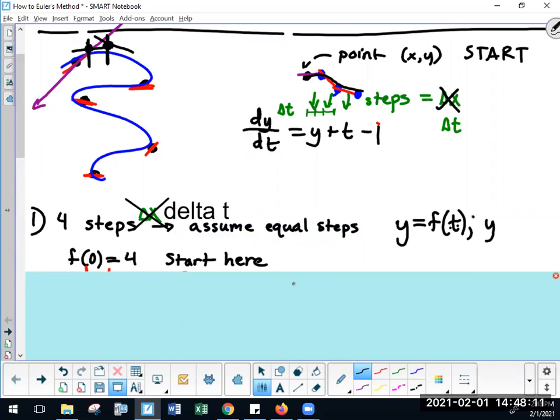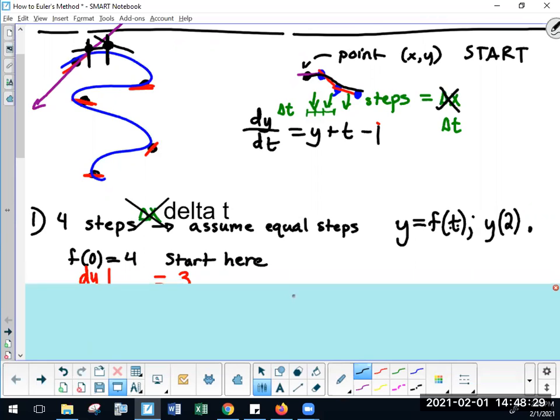What we want to approximate is y of 2. So that's where I get the 4 steps. Or I'm sorry, that's where I get the 0.5 for the steps.